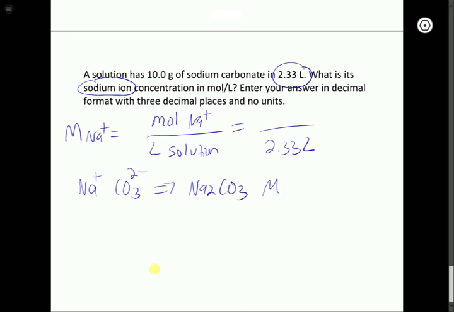which means we need then the molar mass, so we calculate that out, it's going to be 106.08 grams per mole. So once we know the formula, we can get the molar mass, which we're going to need because we're converting from mass into moles. So now the moles of Na+, we have 10 grams of sodium carbonate.